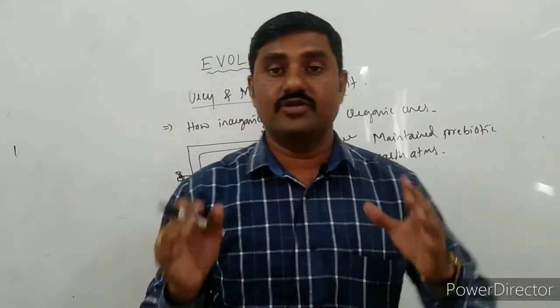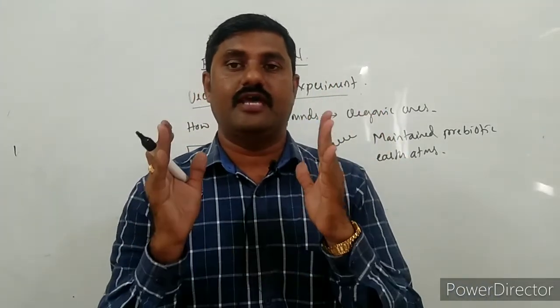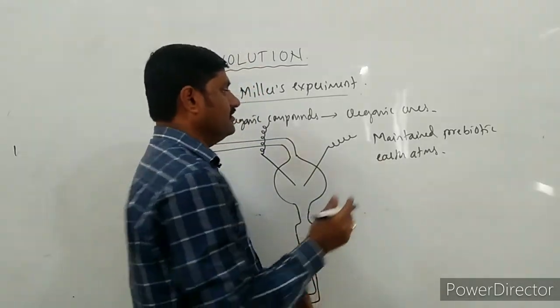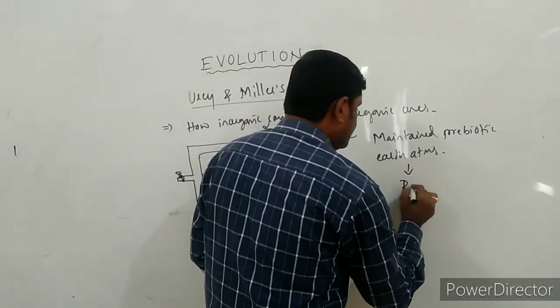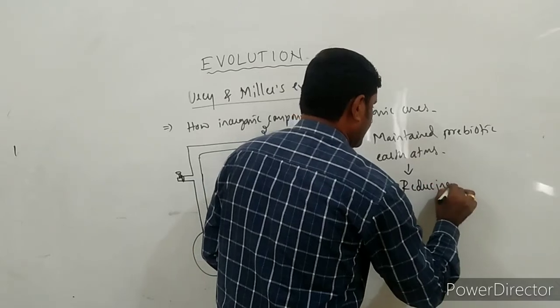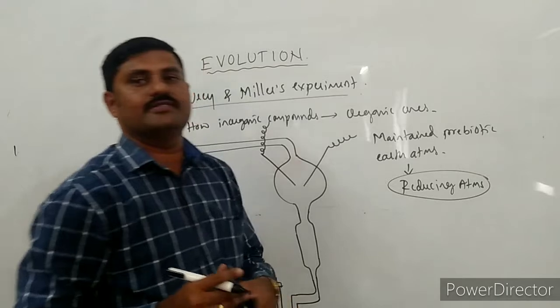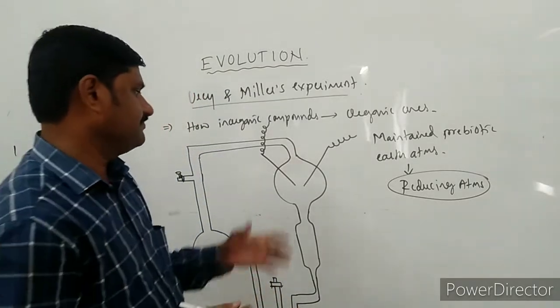Why? Because he wanted to know in that condition how the prebiotic Earth's atmosphere was. It was a reducing atmosphere. What kind of atmosphere was present in those days? It was a reducing atmosphere, right?